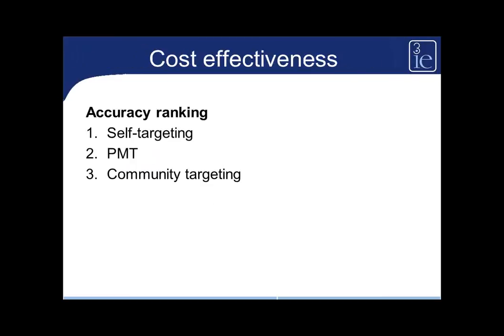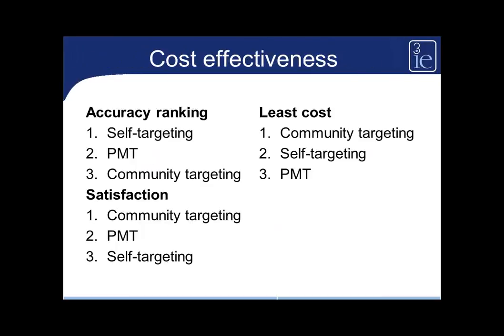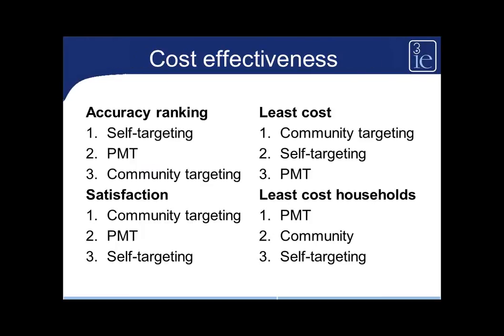But here's the outcome. Here I'm going to present it just in terms of the ranking. On the left-hand side, you see the outcomes. Again, self-targeting was more accurate than proxy mean testing, and in satisfaction, community targeting was the highest ranked.